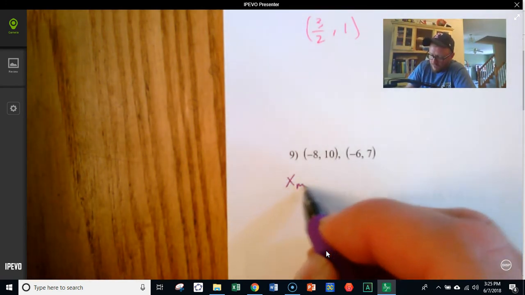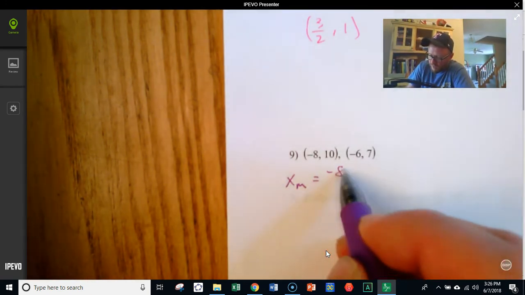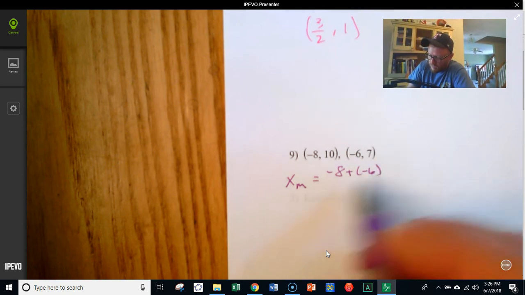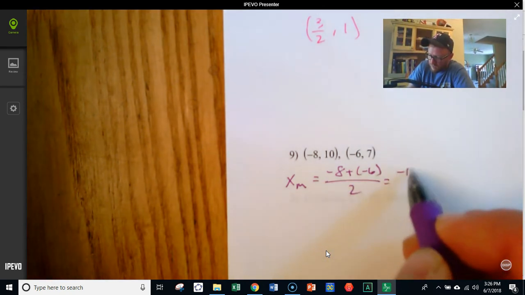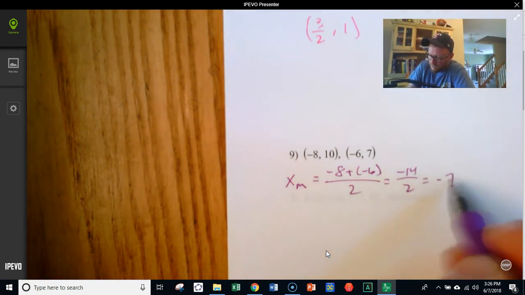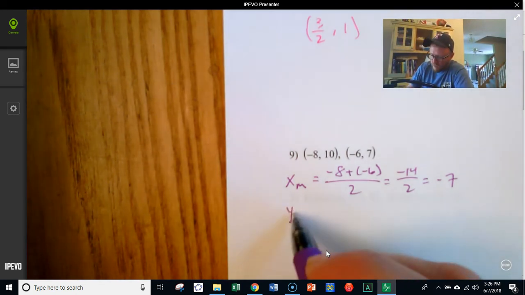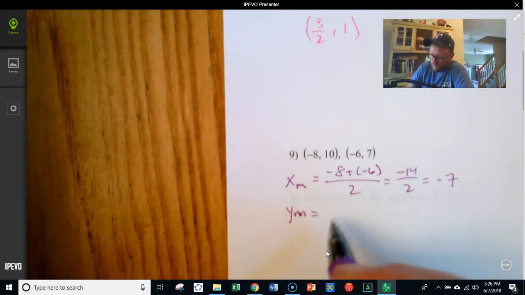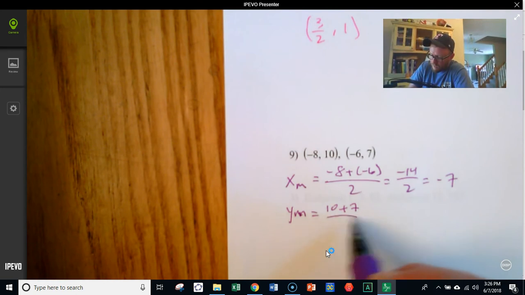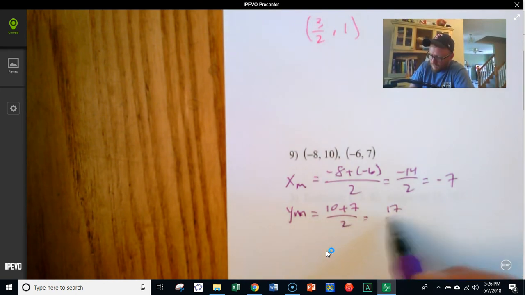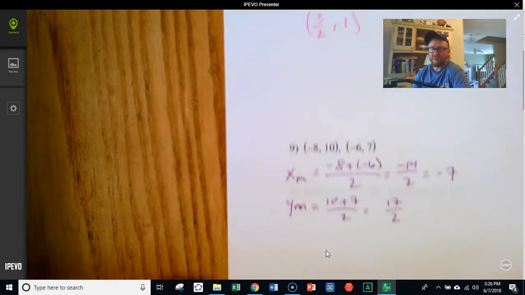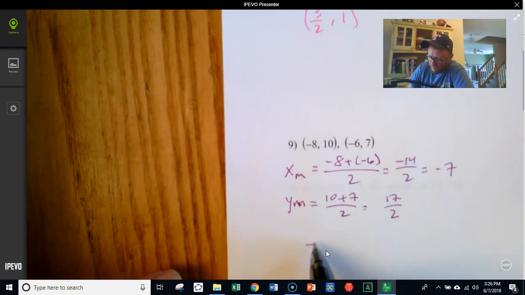Our x-coordinate for the midpoint here will be -8 plus -6 over 2, that's -14 over 2, which is -7. Our y-coordinate will be 10 plus 7 over 2, which is 17 over 2, which is like 8.5. So we have -7, 17 over 2.